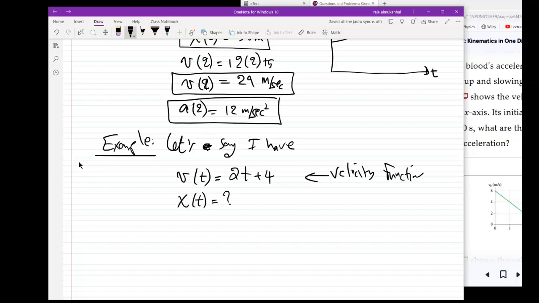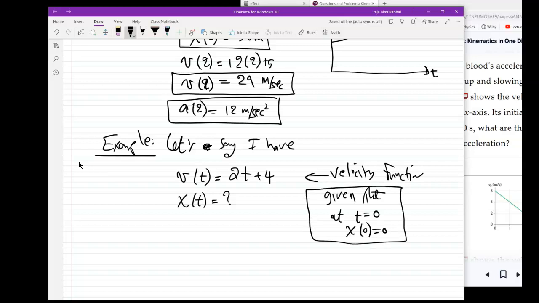Now, usually when you have a problem like this, they give you more information about it. They will say something like, let's suppose, given that at t equals 0, the position of the object is 0. Suppose that this is given to us.